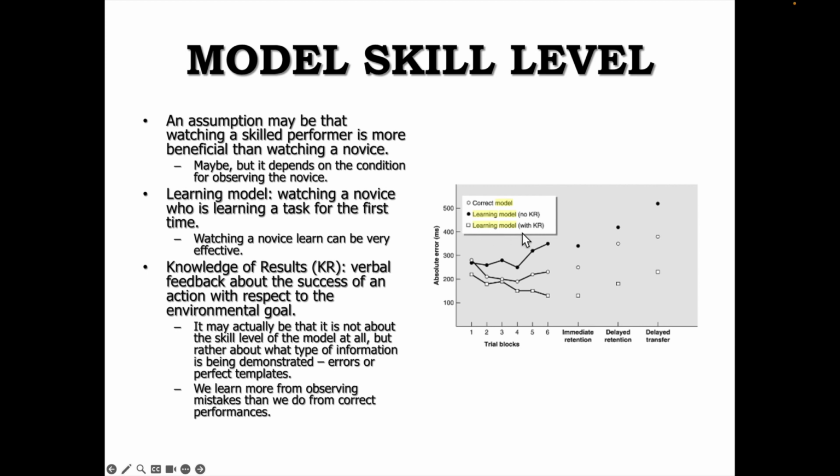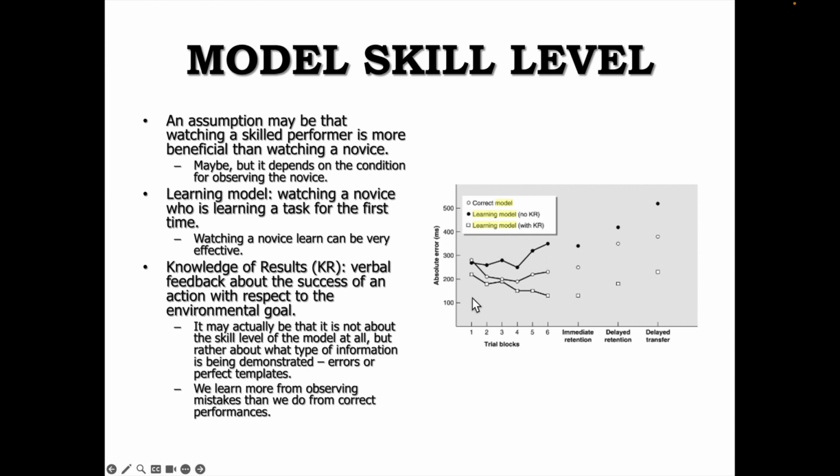And then we have a learning model. Again, the participants are watching a beginner, but they are told that the person's just learning, and they're told what the errors are going to be.